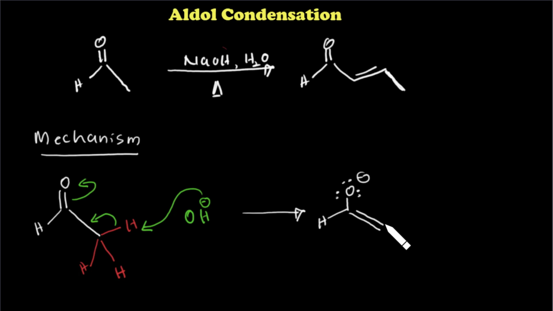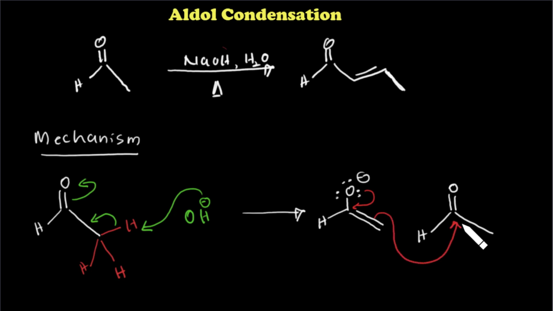Okay, this is our next intermediate. We have a bunch of aldehyde molecules in our reaction pot, so we can use the same aldehyde here. This enolate ion makes a bond and attacks this carbon.